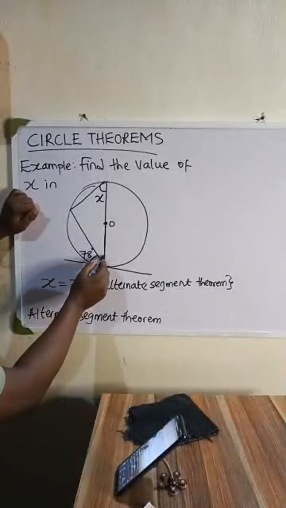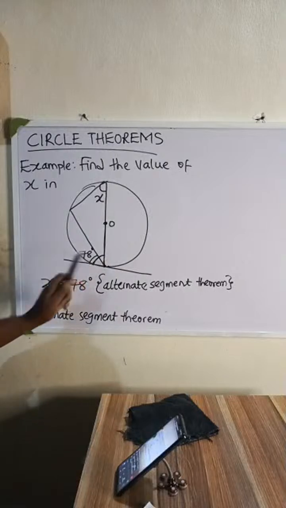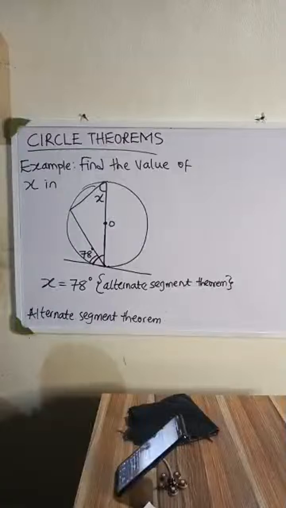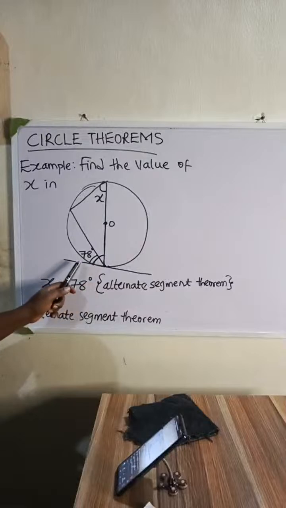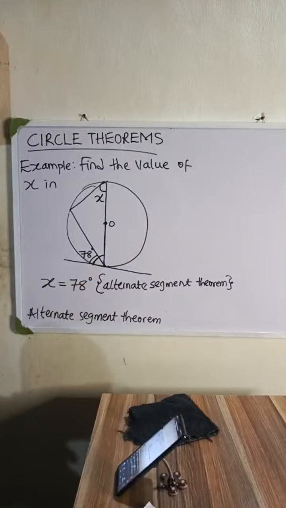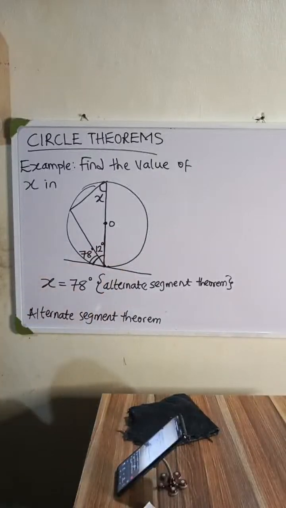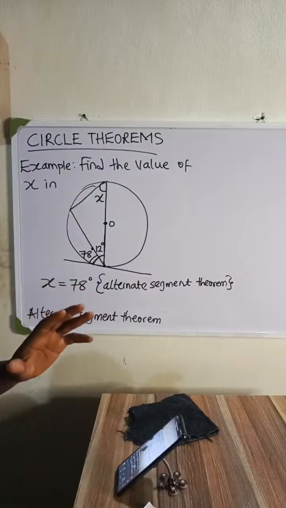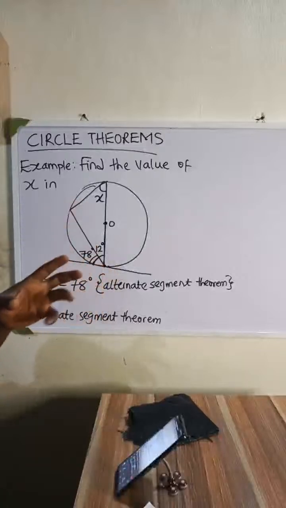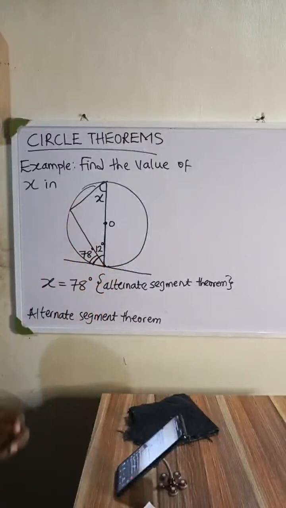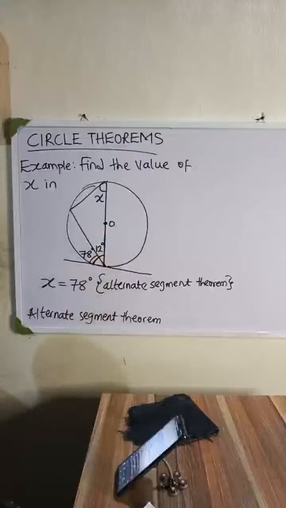That means this entire angle is equal to 90 degrees, right? If you subtract 78 from 90 degrees, you are going to get 12 degrees. This is a longer method, but we are still going to get the same answer. So when you subtract 78 degrees from 90 degrees, you're going to get 12 degrees.